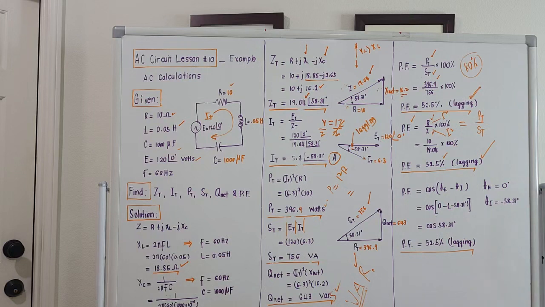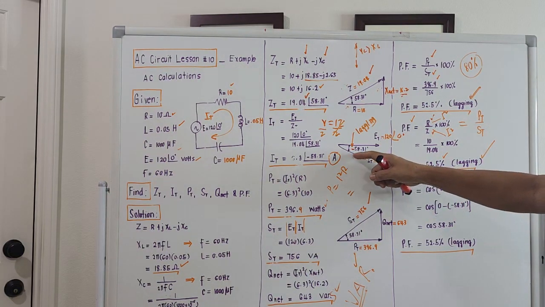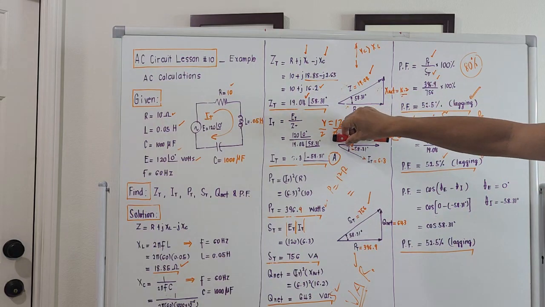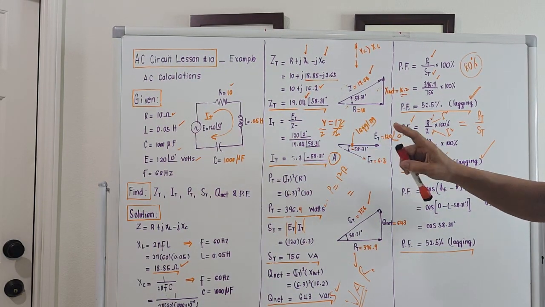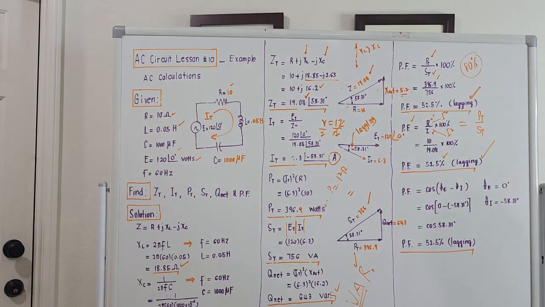Third solution, power factor will be the cosine of the angle between the applied voltage and the current. Take the cosine of that angle, and that will still be equal to the power factor.